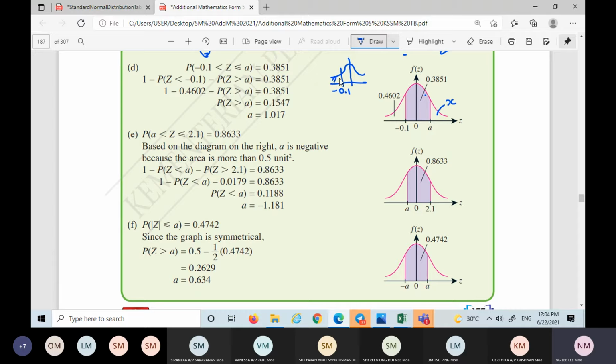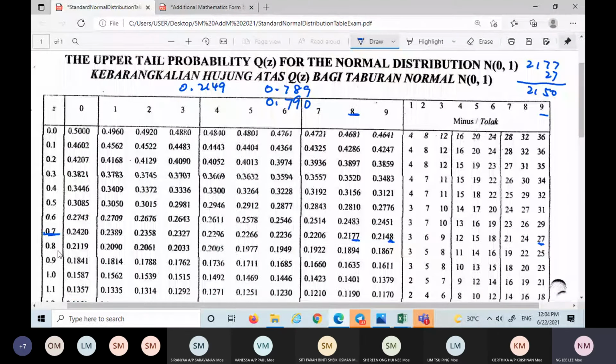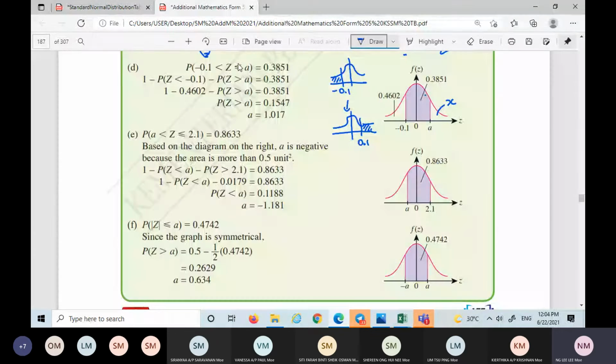This part I want to read from the table, so I change it to the right tail. Negative 0.1 becomes 0.1. I hope you still remember: then it becomes the right tail, and this area and this area are the same. Therefore I read 0.1. Now I go to my table: 0.1 is here, 0.10, and this is the answer, 0.4602. This is how you get the area of this.